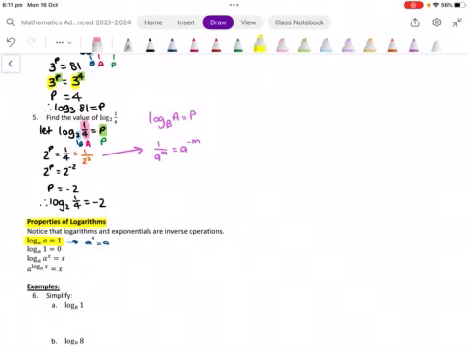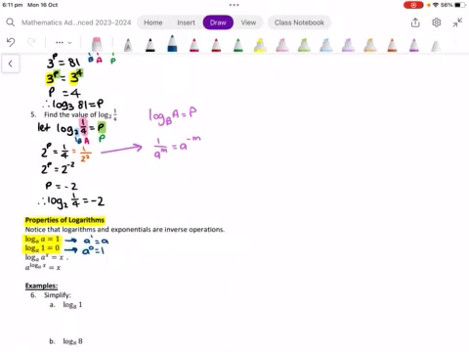Now our next one is log base a of 1 equals 0. So if I look at my base, it is a, my power is 0, that equals 1, because anything to the power of 0 equals 1. Now, my next one is log base a of a to the power of x equals x.